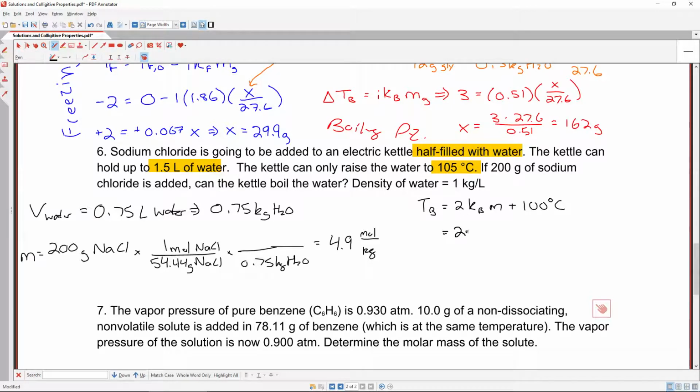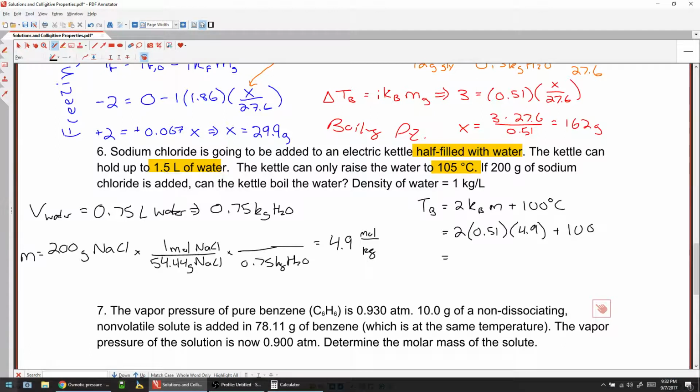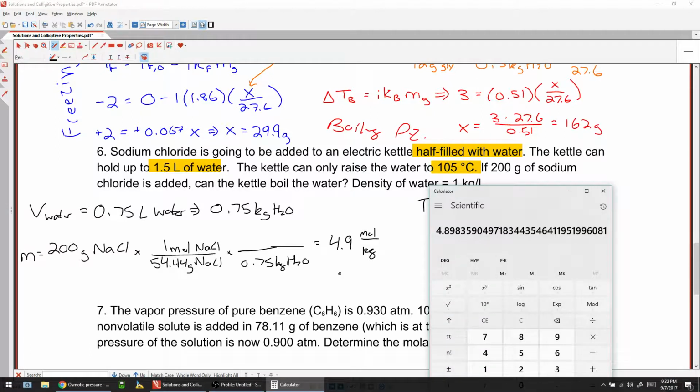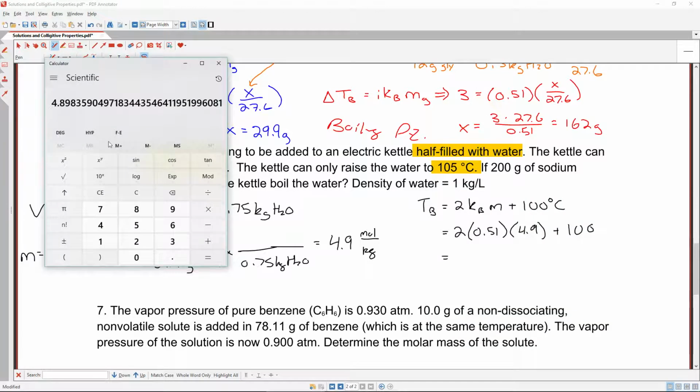So that's 2 times 0.51. Molality we just calculated, so 4.9 plus 100, right, which is 2 times 0.51 times 4.9 plus 100.